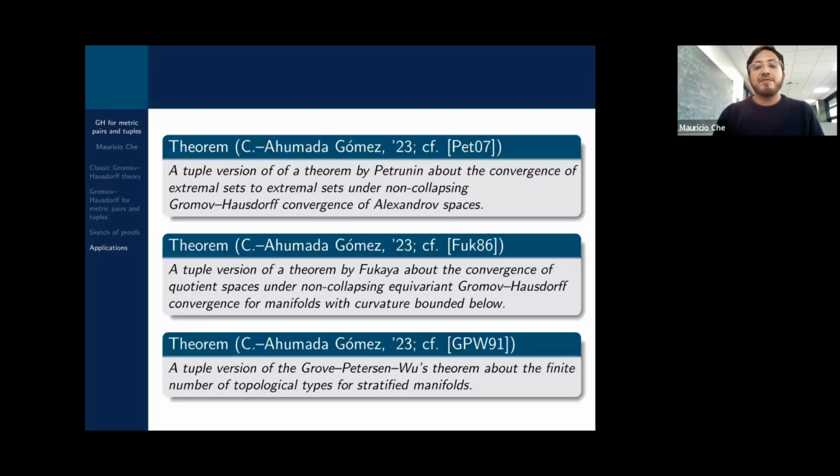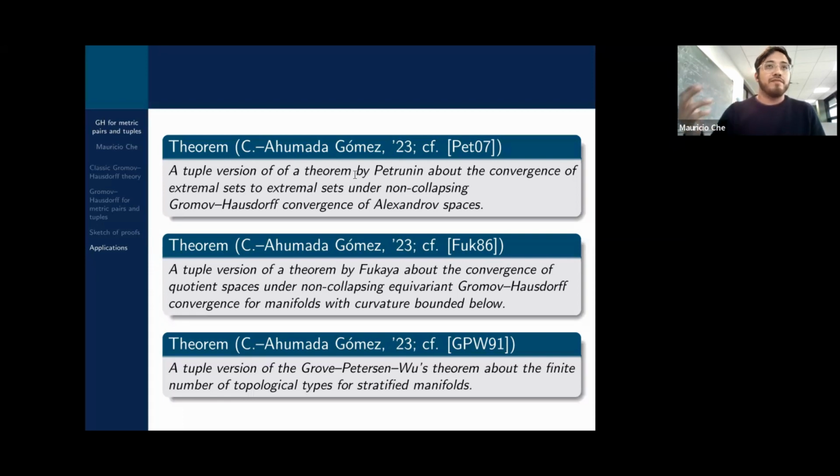And finally, and I will be very sloppy here, but you can ask questions later. We apply this framework or this language to write some things in terms of convergence of tuples. The first application has to do with extremal sets in Alexandrov spaces.